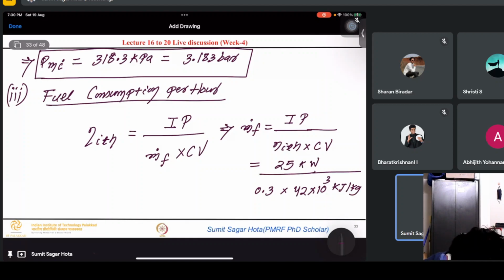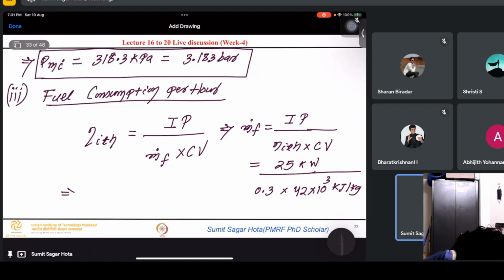What is kilowatt? Kilojoule per second. Kilojoule gets cancelled, so this kg goes up. Second is already there in the denominator. Kg per second is the unit.